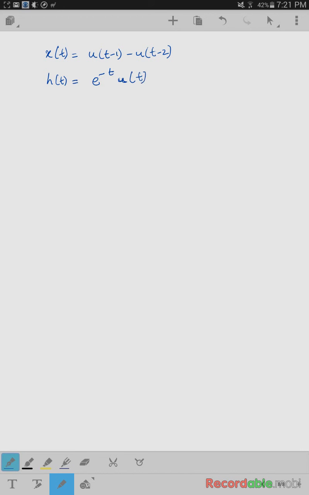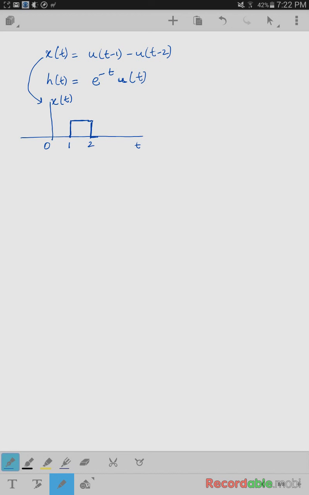Let's plot these to understand them. If I plot x(t), u(t minus 1) starts at t equals 1 and goes up to 1 and keeps going to infinity, but you're subtracting u(t minus 2), so you're bringing it back to 0 at 2. That's my x(t).